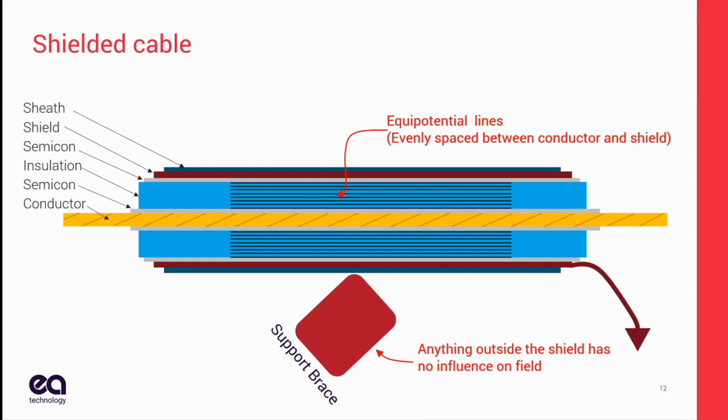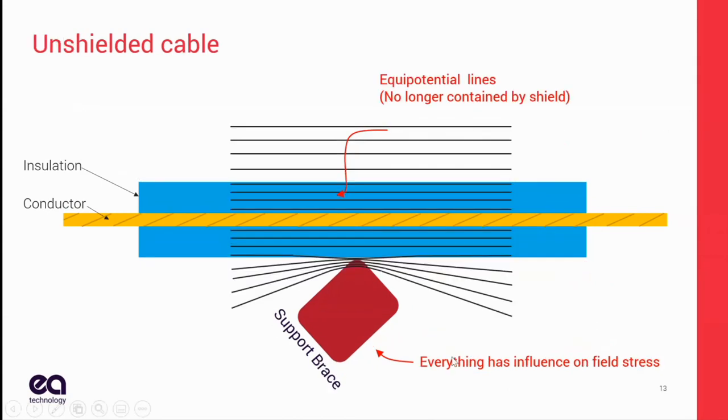By putting a shield and making the shield part of that cable, we can tell what the field strength is going to be, make sure it's within the capability of the installation, and we're all set. So if there's something outside the shield, like this support brace that I've drawn here, it doesn't affect the equipotential lines. Those field strength lines stay the same distance apart within the capability of the insulation.